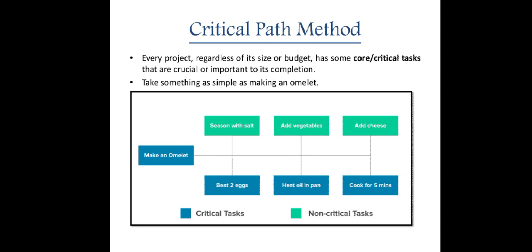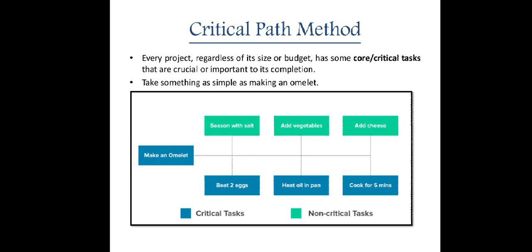Critical tasks are those tasks which are very important for a project in its completion. If we ignore any one of the critical tasks, then the project cannot be fully completed. Such tasks are called critical or core tasks. And apart from critical or core tasks, we have non-critical tasks.